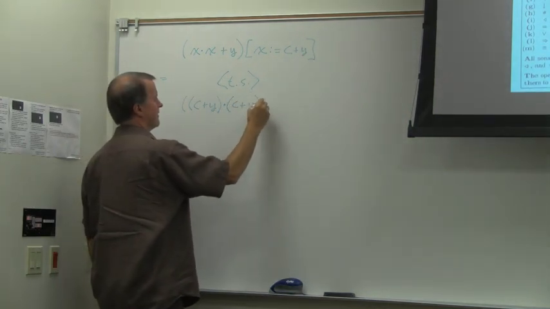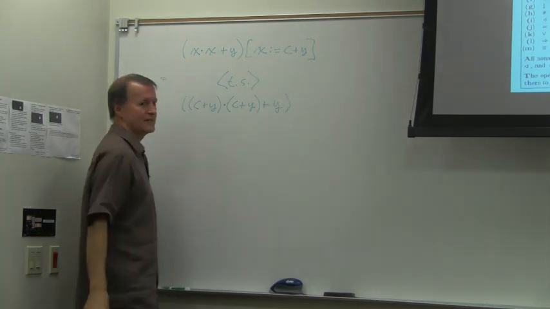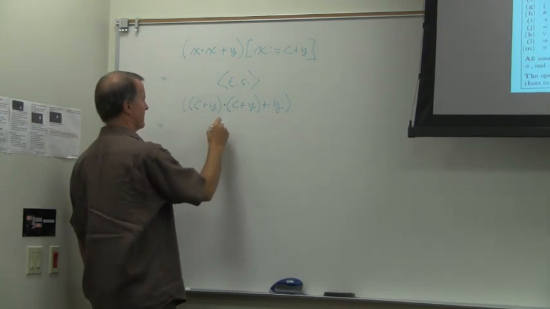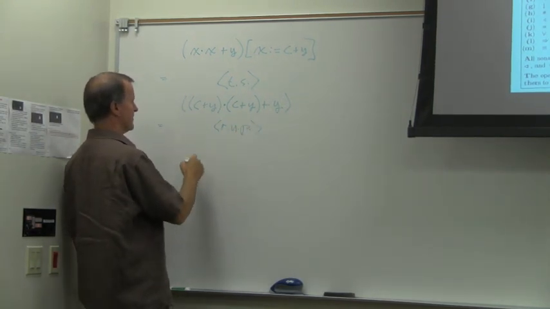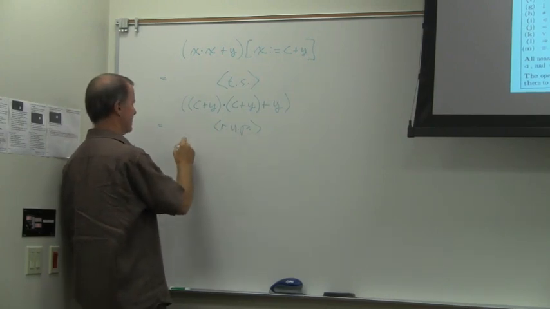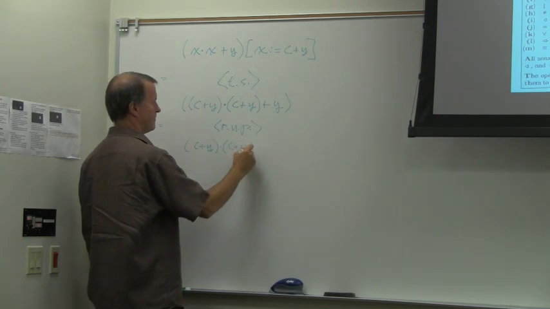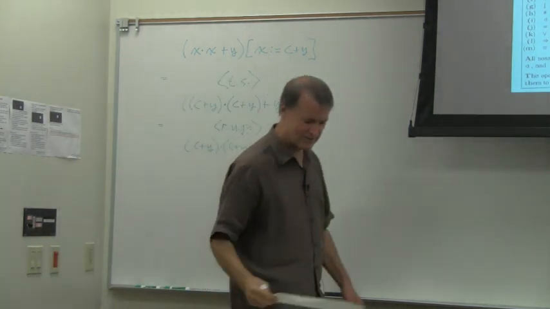Close parentheses plus y close parentheses. Yes. Good. And then which equals by. Can we remove some? I guess just the outer ones, huh? Okay? Sounds like you guys are getting it all right.